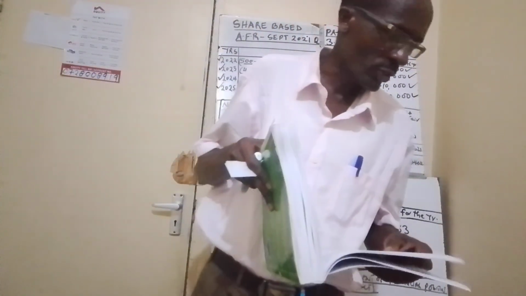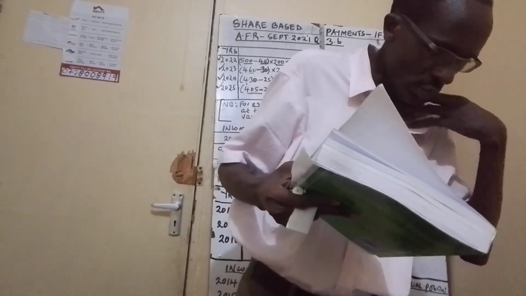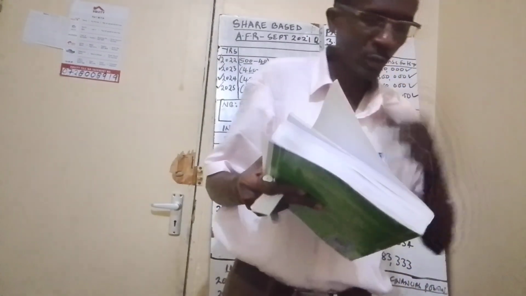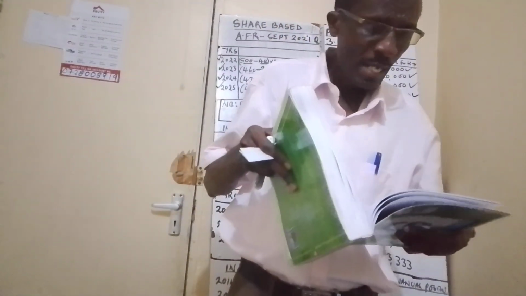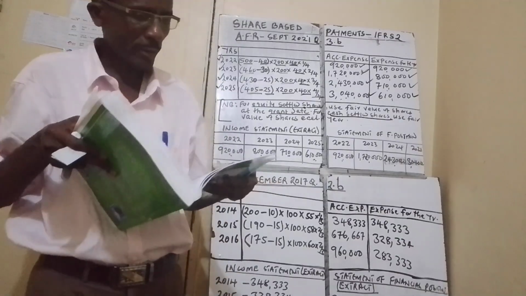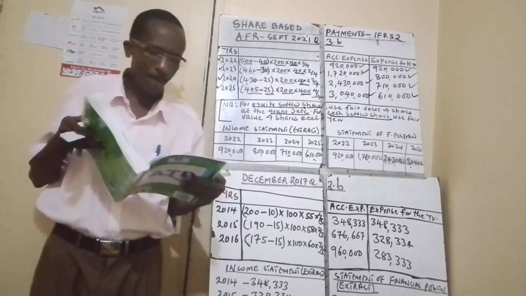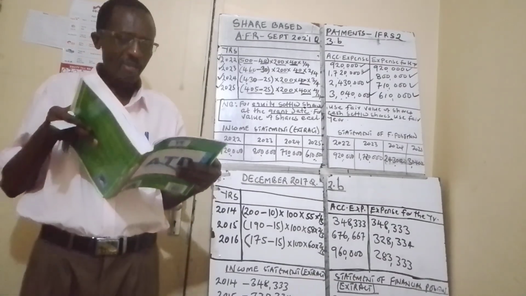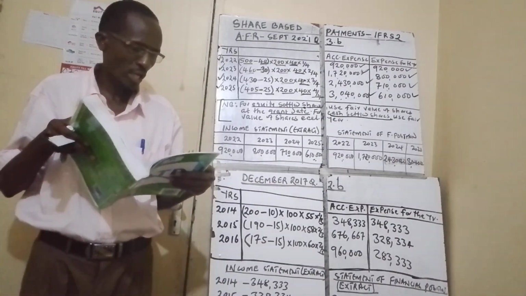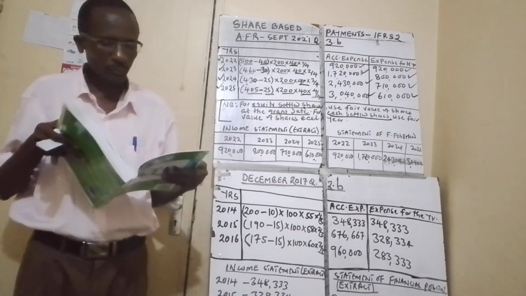You've seen there are three methods: equity settled share based, cash settled share based, and equity settled or cash settled. You remember that? That is what we are saying. Now here we are saying on 1st January 2014, R Limited promised to pay its 200 employees a bonus in cash that would be based on how the company's share performed on the securities exchange.